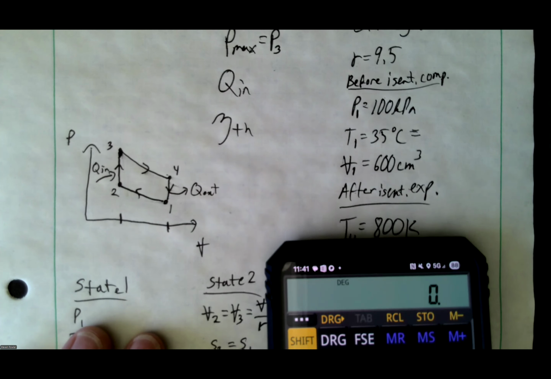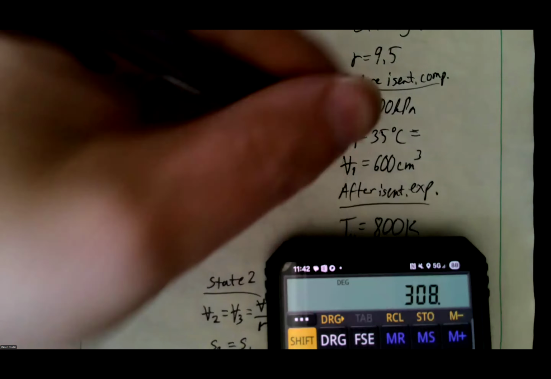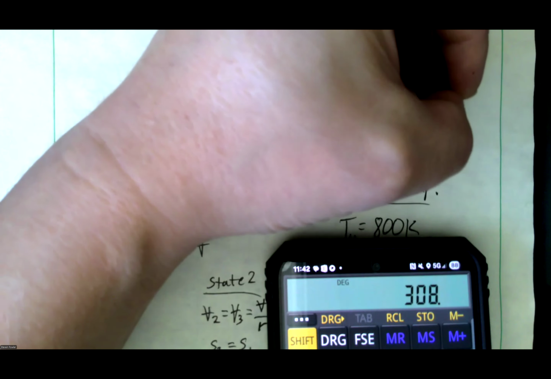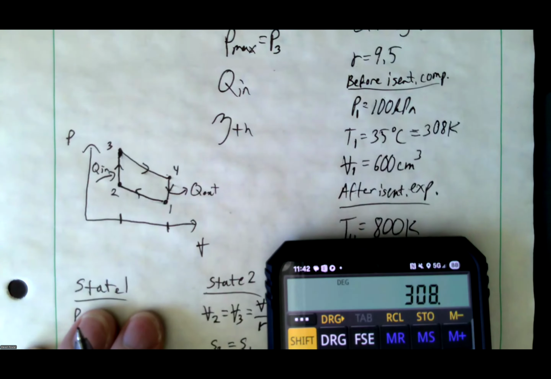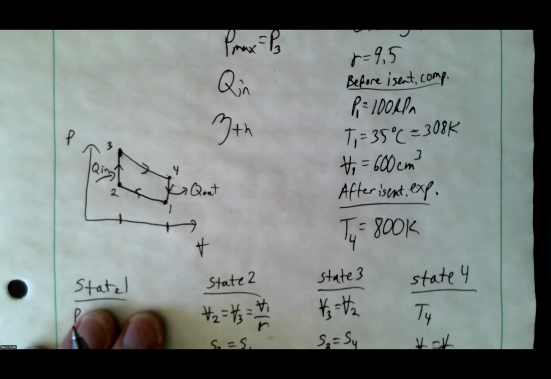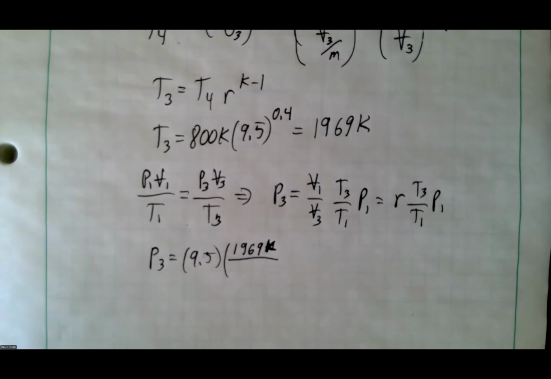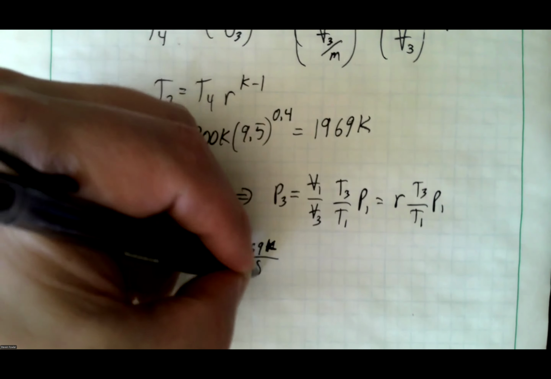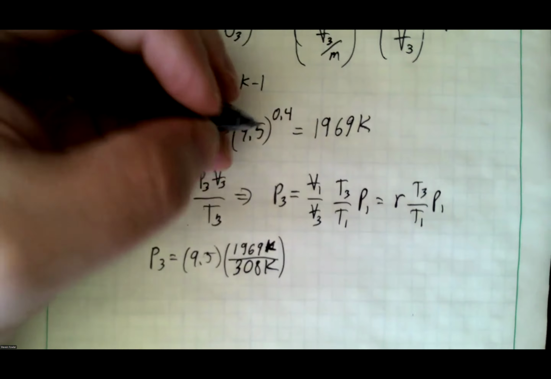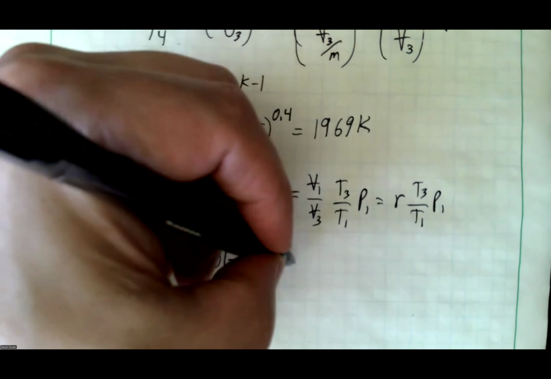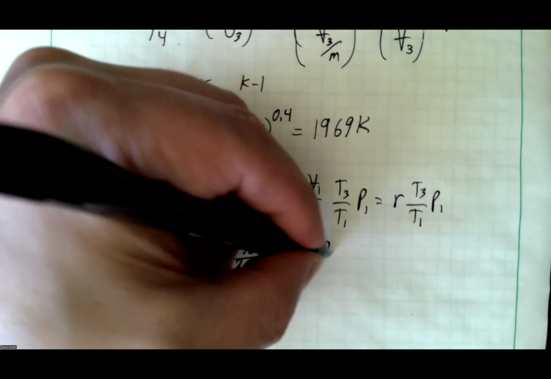I think I can do that in my head, but let's just do it. 273 added to 35 is 308. I have to use Kelvin or Rankine in this instance. And since we're in metric units, we're going to use Kelvin. 308 kelvins is T1. And then P1 we said was 100 kilopascals.